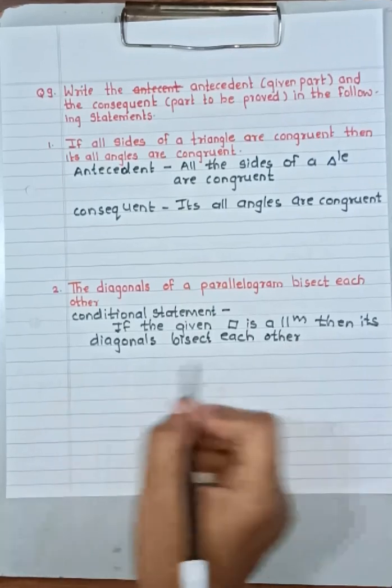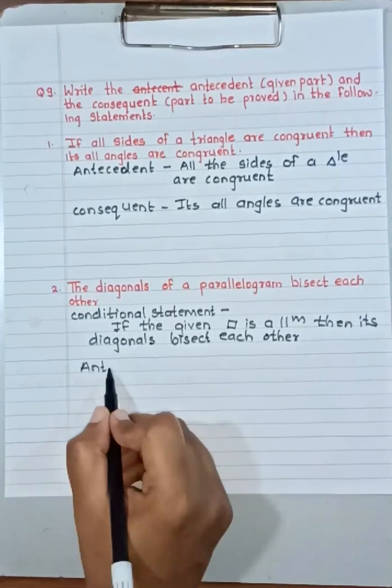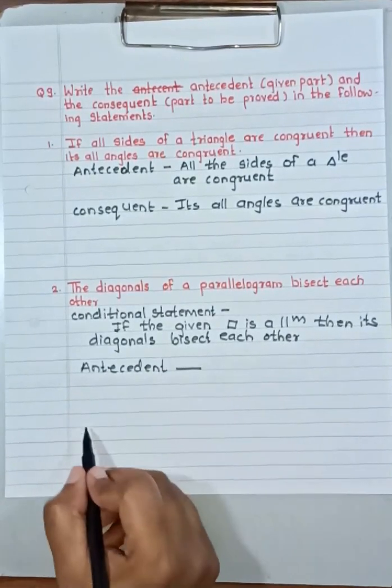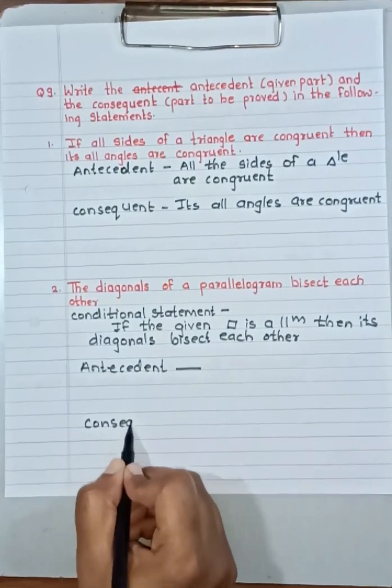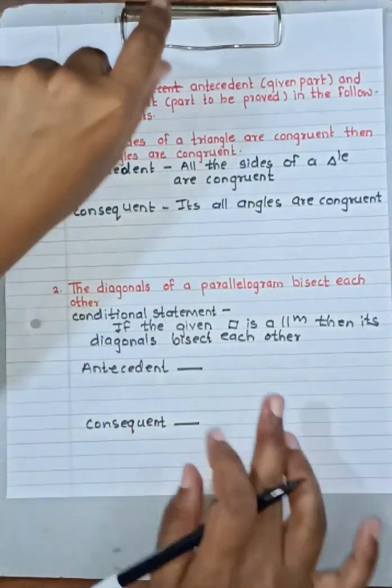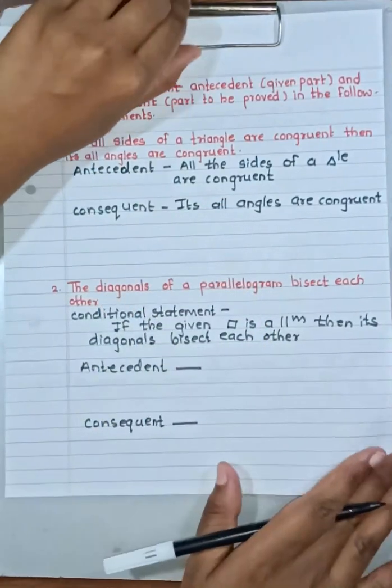Now from this you have to write down the antecedent as your homework. Okay, and you'll also write down the consequent. It's very easy, you can write it down as we have done in question number 1.